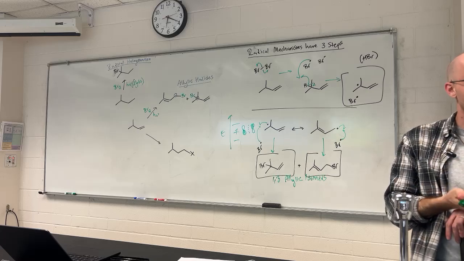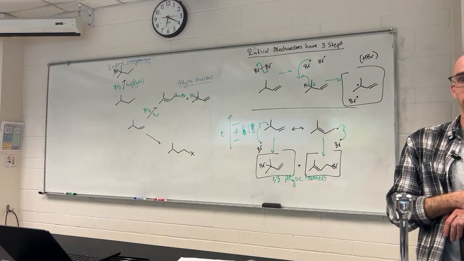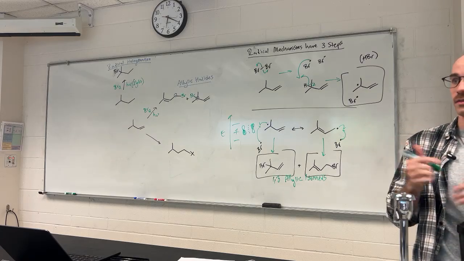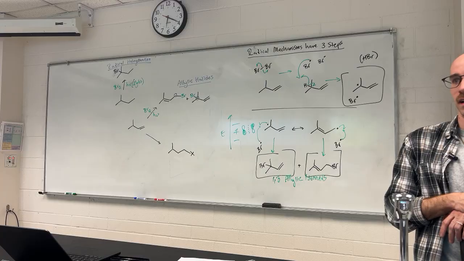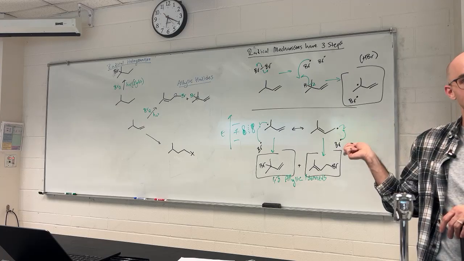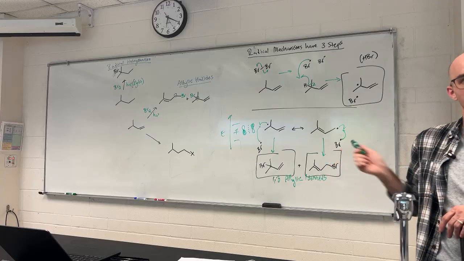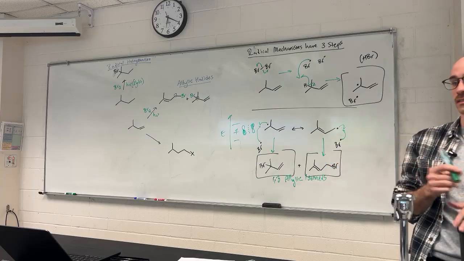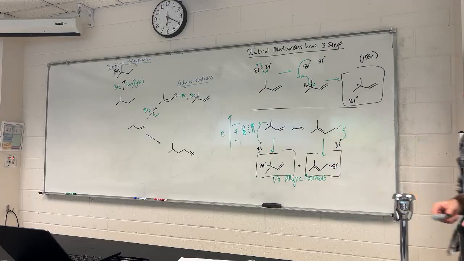So my radical halogenation gives me 1,3 allylic isomers. I invented it. I will admit to that. But I invented it because it's a useful way of describing the structural isomerism. Okay. Cool stuff.